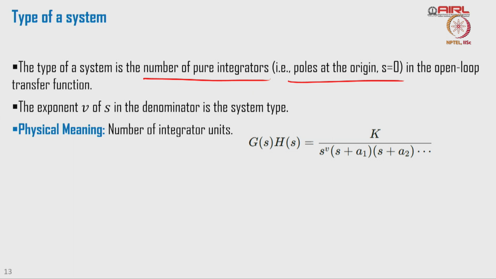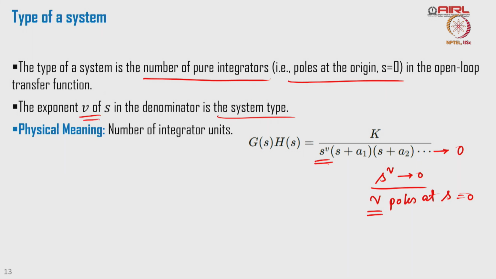So, in the open loop transfer function, the exponent v of s here is the system type. When this is the entire denominator of the transfer function and we make it 0, then we get s to the power v equal to 0. That means, there are v poles at s equal to 0, then v is the type.